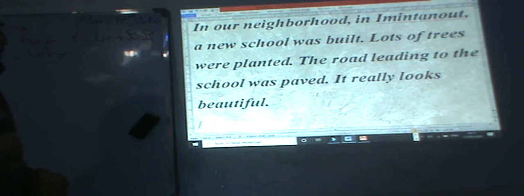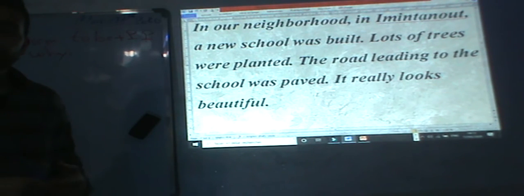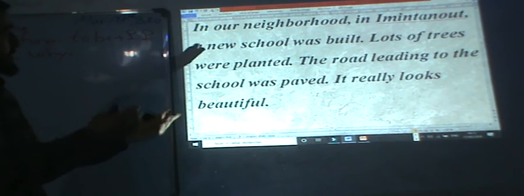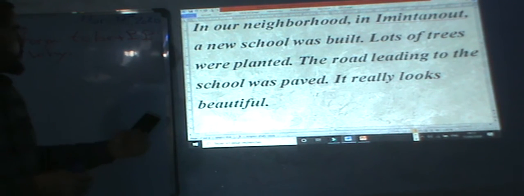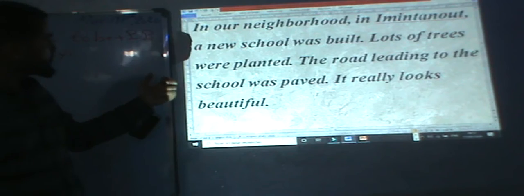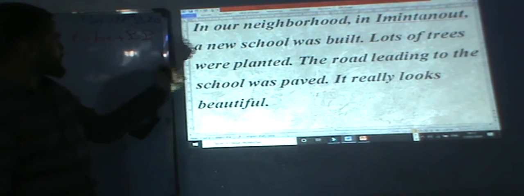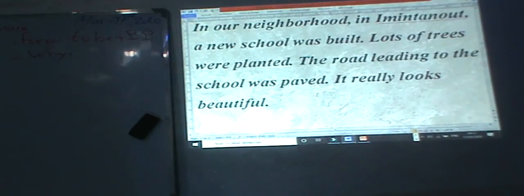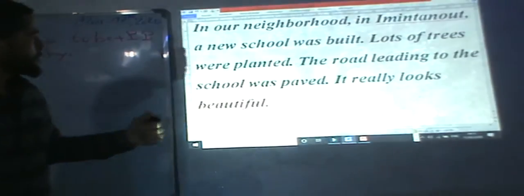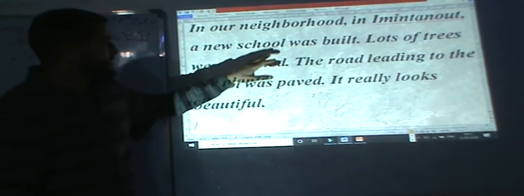The first thing that I notice is that the focus here is on what has been done in our neighborhood, not who performed all these actions. In sentence number one, it says a new school was built. Somebody built that school, but it's not very important who. What's important is what has been done.